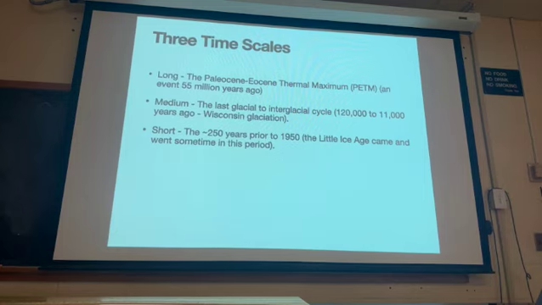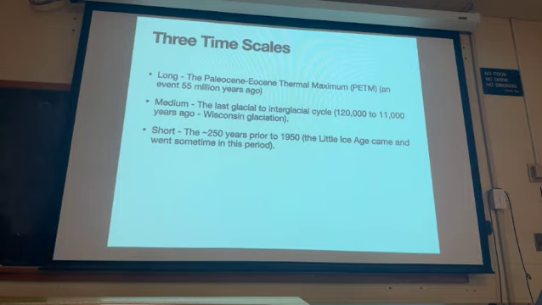One of them happened 55 million years ago, which is not the present configuration of the planet. It was a fairly large temperature change, and a very high CO2 level. The medium one happened 10 or 15,000 years ago at the end of the last ice age, what we call the Wisconsin glaciation.